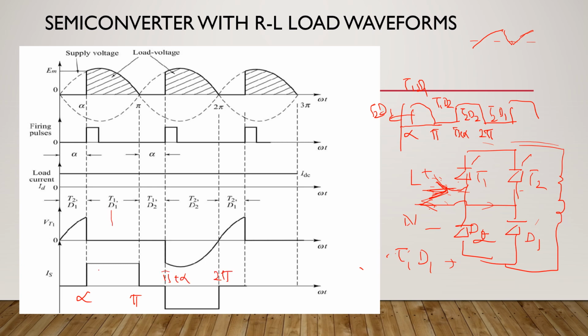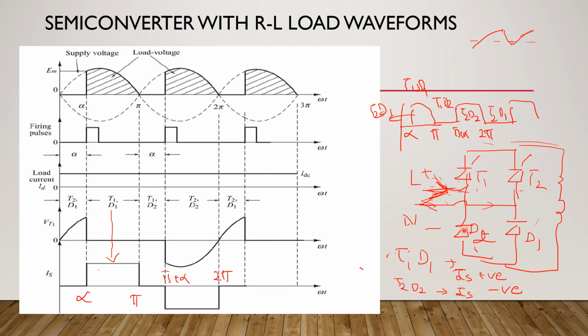Here we have the devices T1 and D1 conducting, so supply current is positive. When T2, D2 are conducting, supply current is negative. And when the T1 D2 combination conducts, that is, devices on the same leg of a bridge, this is one arm, this is the second arm.